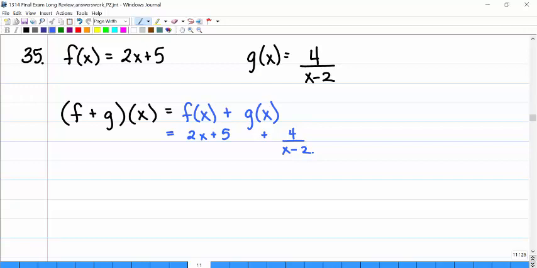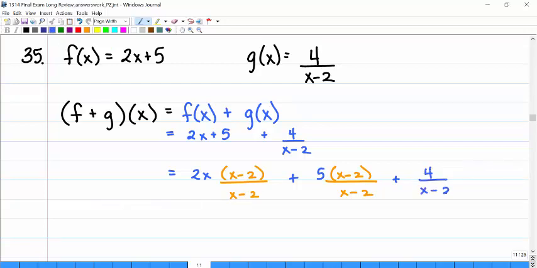I want to write that as one fraction, so I need to get a common denominator. I'm going to multiply 2x by x minus 2 over x minus 2, plus 5 times x minus 2 over x minus 2, plus 4 over x minus 2. I have a common denominator of x minus 2.